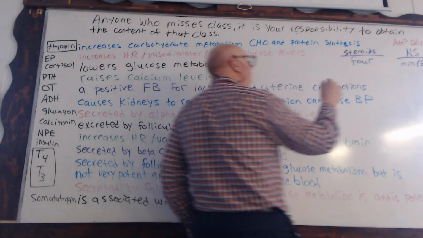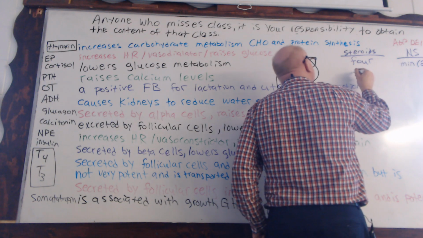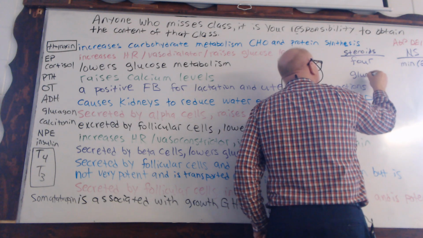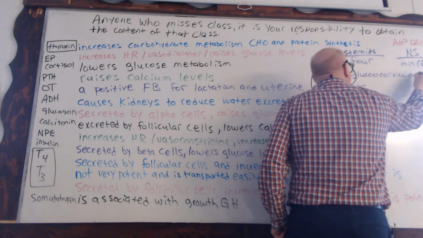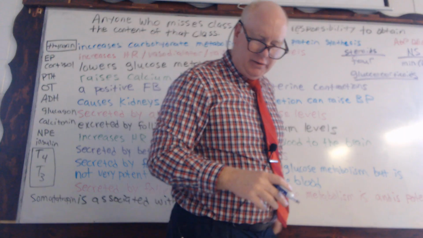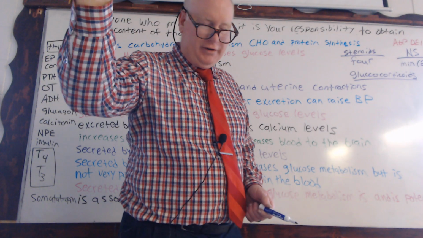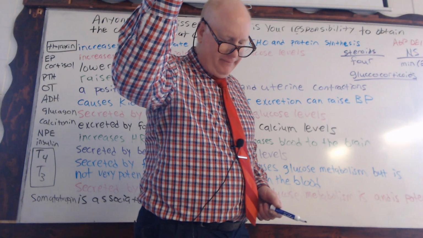And then finally, how many mineralocorticoids are there? So, I did that. That's what I meant to say. So, glucocorticoids. And there's more of those, I believe. Okay? Well, let's look at what we have. We've got cortisol as 1. What else is a glucocorticoid?